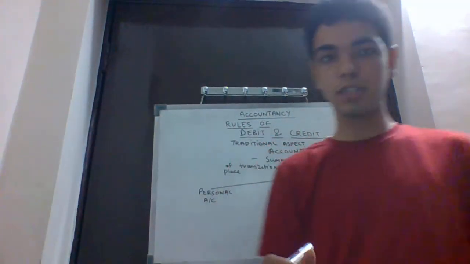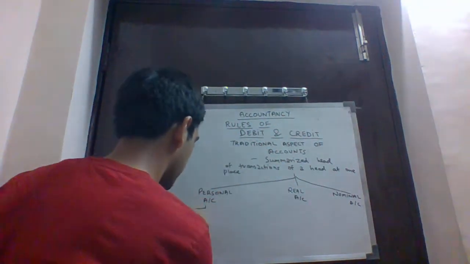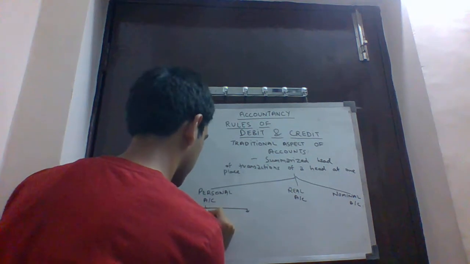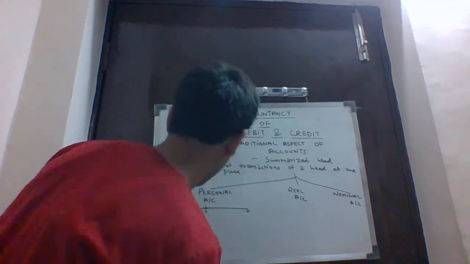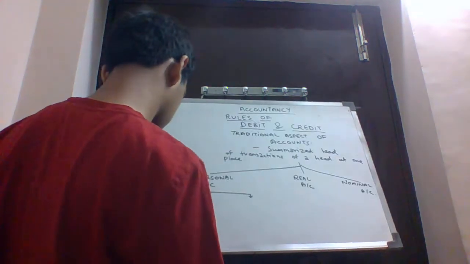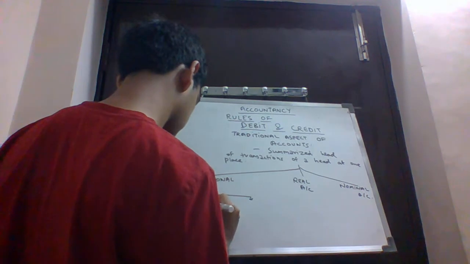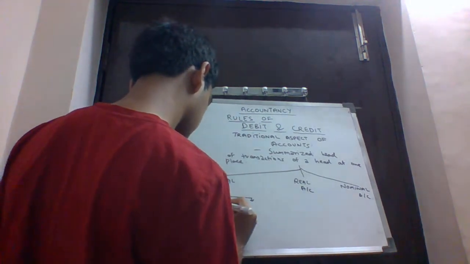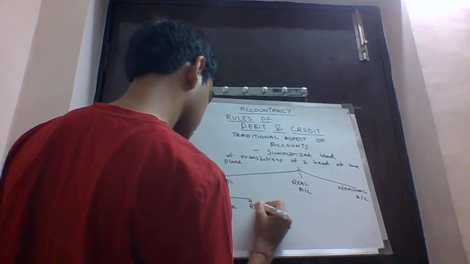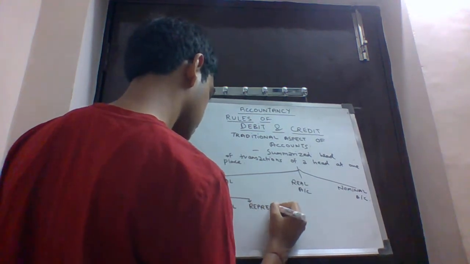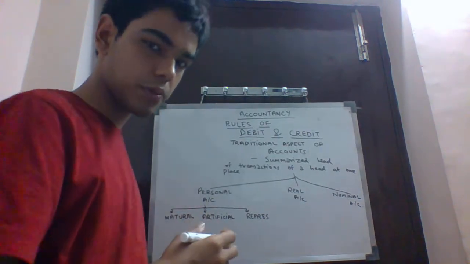Now personal account is further divided into three parts. First of them is natural personal account.